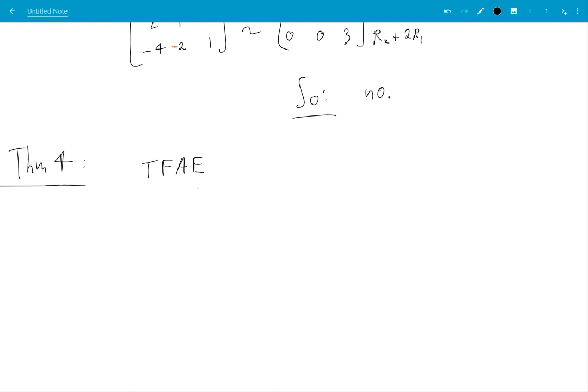So I'm going to have four statements for matrix A that is M by N. Recall M is the number of rows and N is the number of columns.